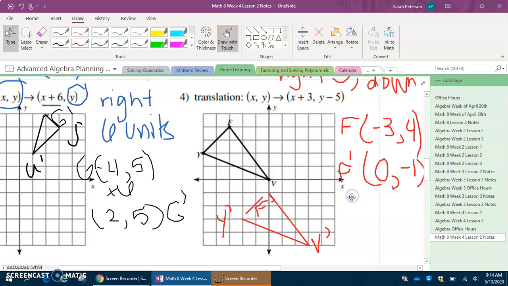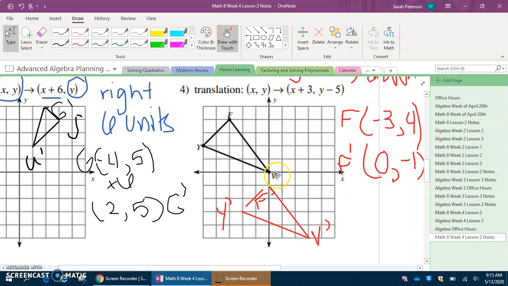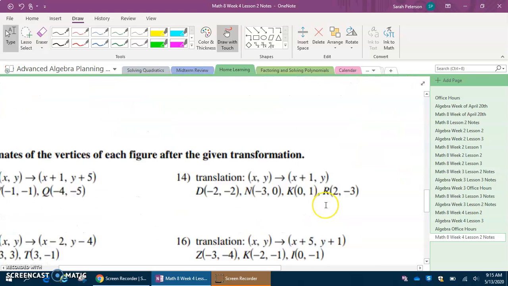Okay, so you get the point there. So it'll be the new image. Okay, so I might ask you to list the points. You just got to tell me what those points are.